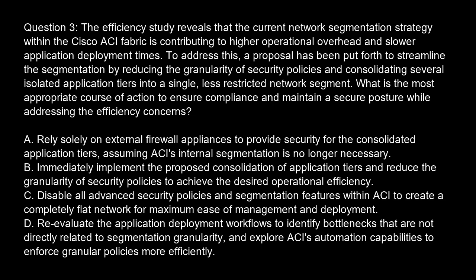Option C. Disable all advanced security policies and segmentation features within ACI to create a completely flat network for maximum ease of management and deployment. Option D. Reevaluate the application deployment workflows to identify bottlenecks that are not directly related to segmentation granularity, and explore ACI's automation capabilities to enforce granular policies more efficiently.